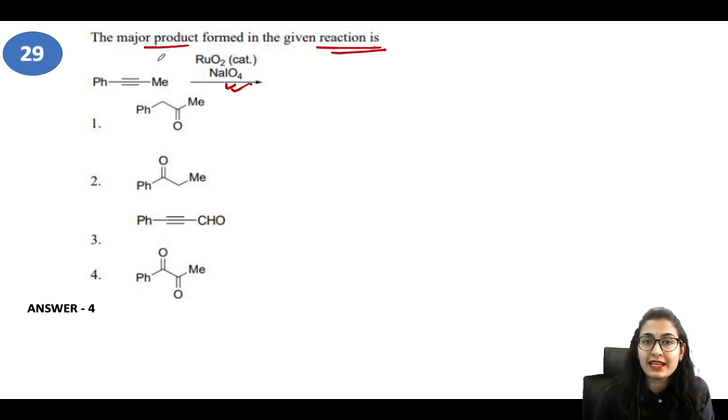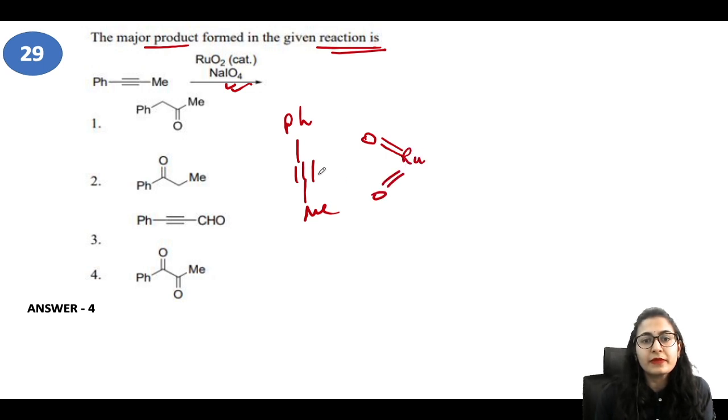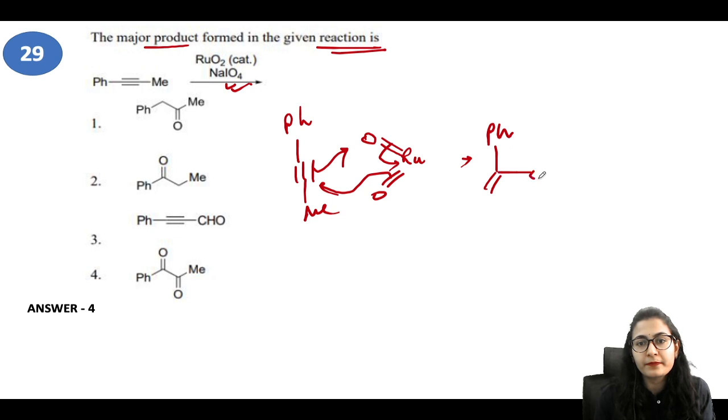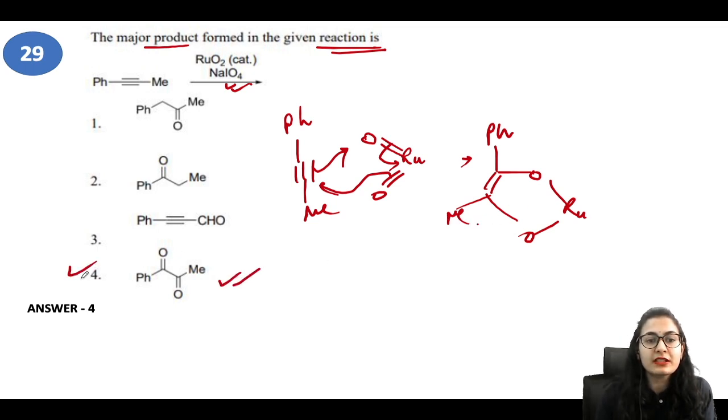First of all, it does cyclization, so it is going to do this kind of a cyclization with the pi bond like this, and then it's going to break apart in such a way that it's going to give you 1,2-diketone. This is how the oxidation takes place, and our answer is option number 4.